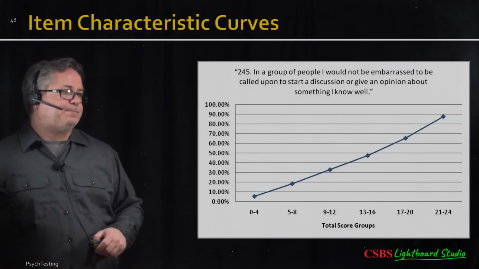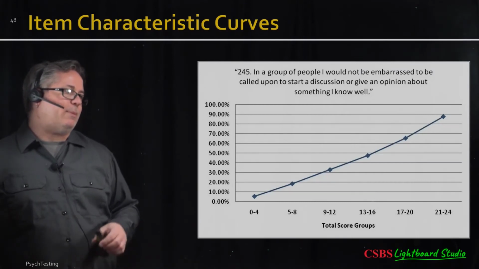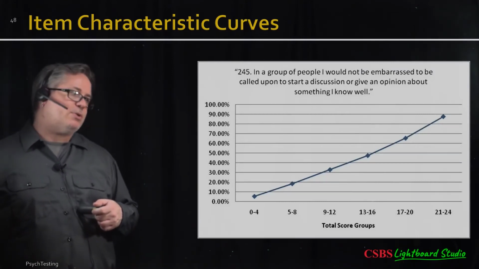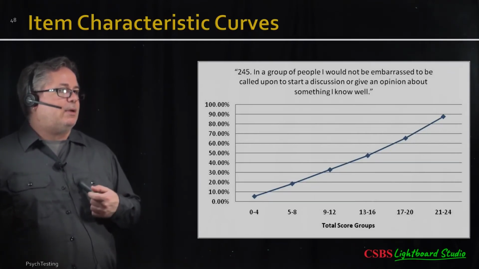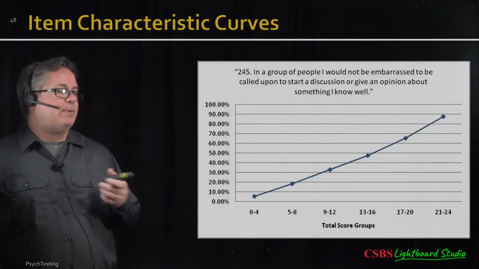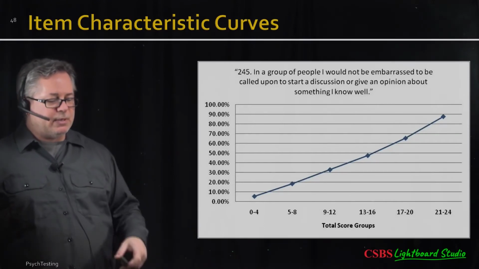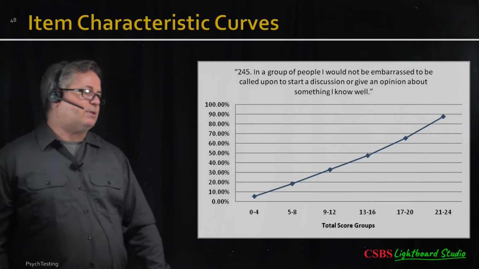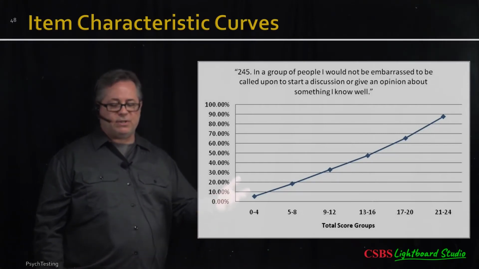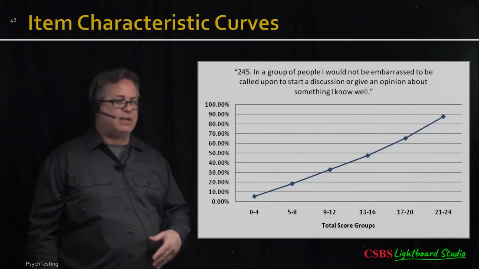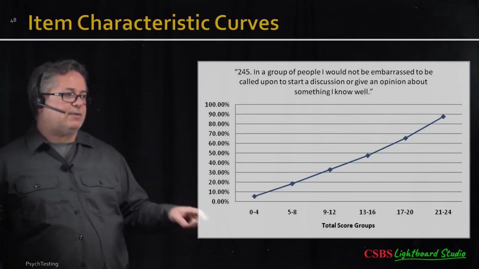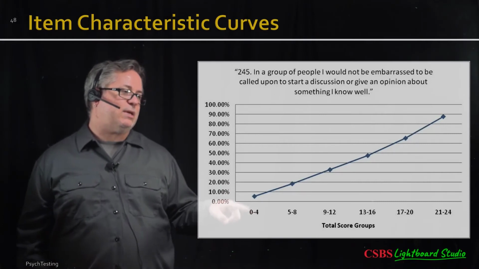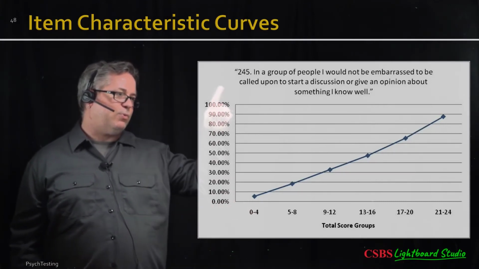What else? In a group of people, I would not be embarrassed to be called upon to start a discussion or give an opinion about something I know well. Okay. Not be embarrassed. So this is, again, a reversed item. Because if you're not embarrassed by this, then if you say yes to this, that's not socially anxious, right? So you've got to think about it as not. So even down here, people with low social anxiety have a very low likelihood of having an issue with this.